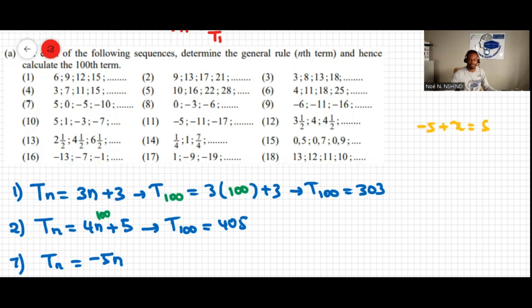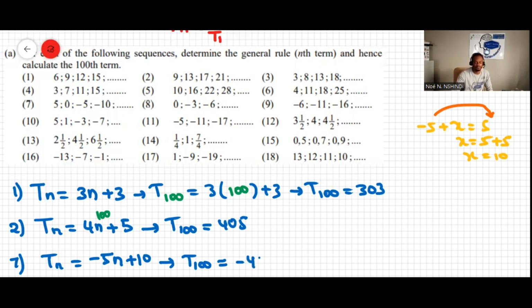If we move -5 over, we get x equals 5 plus 5, so x equals 10. So we can say plus 10. So this is Tn, and for T100 you do the same. You sub 100 there, it's going to be -500 plus 10, that means -490.